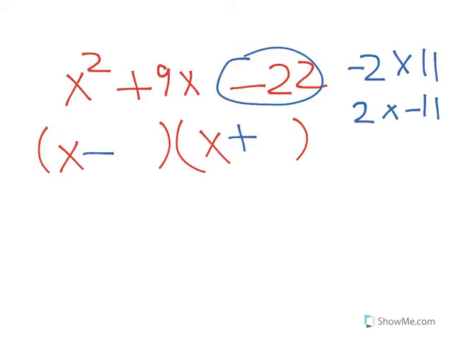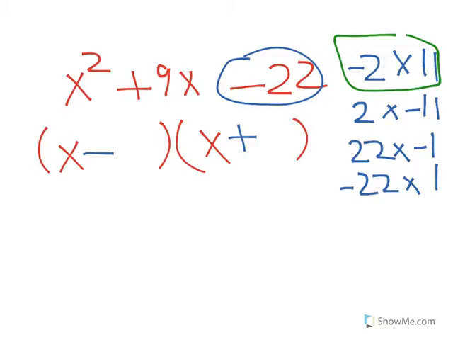I can do 22 times -1, or -22 times 1. And which way is the only way I can add those two up and get 9? It's going to be that first one there, because negative 2 plus 11 equals 9. So that's my answer, 2 and 11.